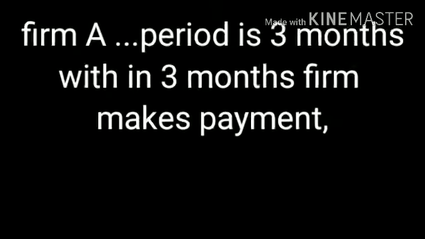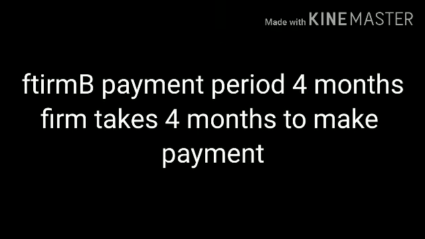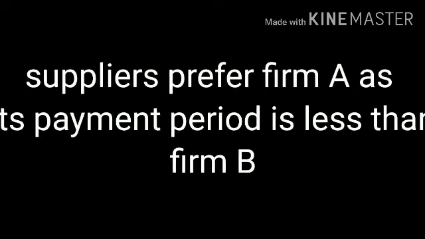For example, payment period of firm A is 3 months and payment period of firm B is 4 months. Here, within 3 months, creditors are paid by firm A, and in the case of firm B, within 4 months, creditors are paid.